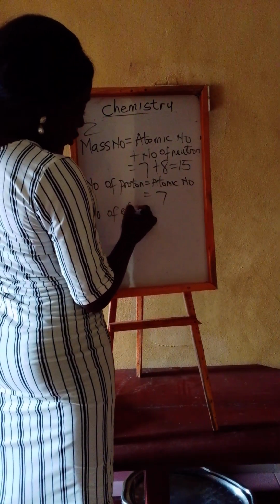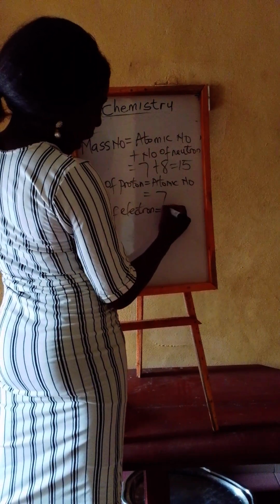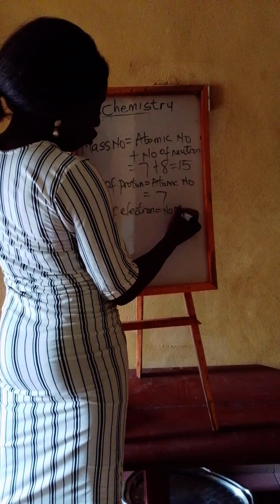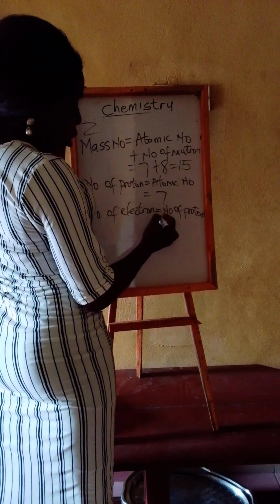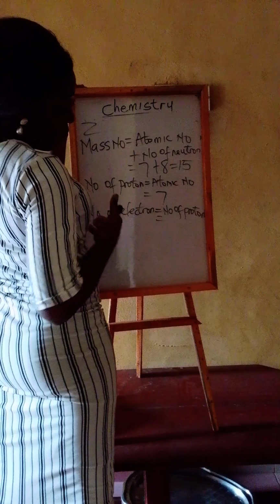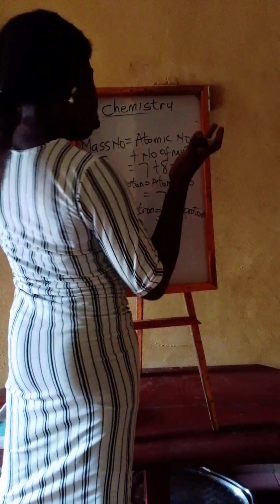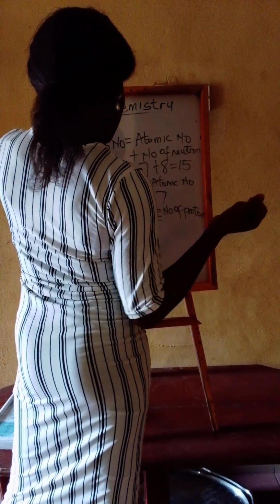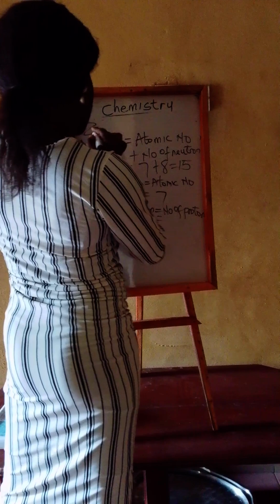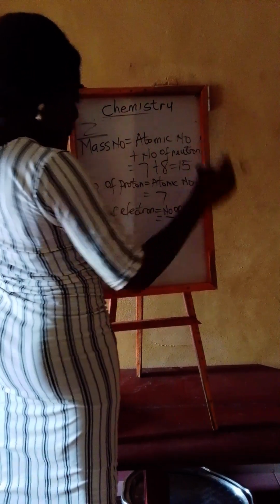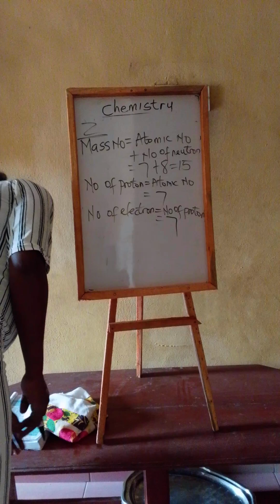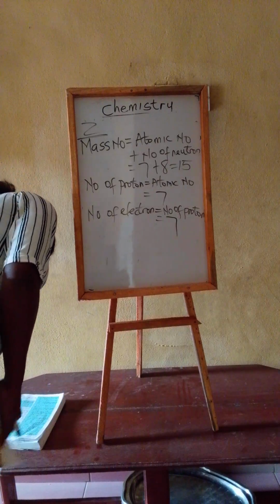Number of electron equals number of proton, because it is an atom, and the answer is 7.